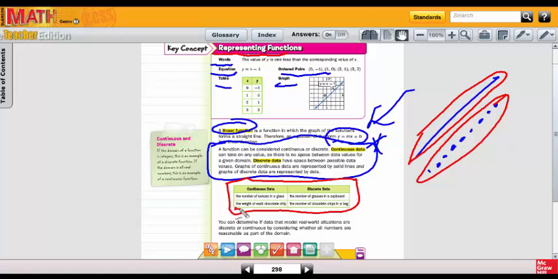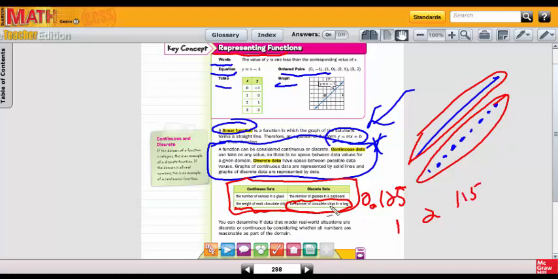Another example would be the weight of each chocolate chip. You could have a chocolate chip that weighs 0.125 if you measured it that accurately. So any number makes sense there, whereas if we were talking about the number of chocolate chips in a bag, there would either be 1 chocolate chip or 2 chocolate chips or 115 chocolate chips or whatever the case may be.